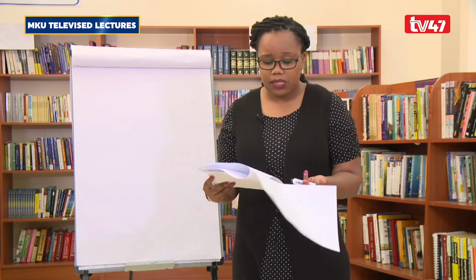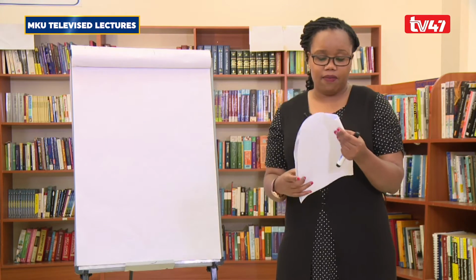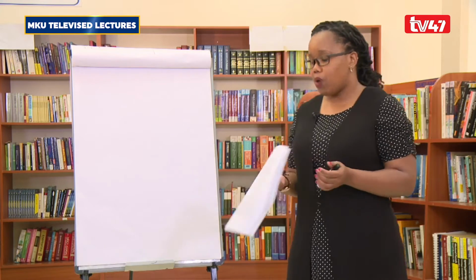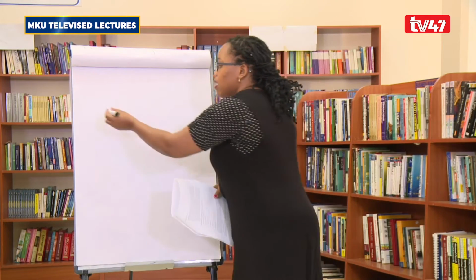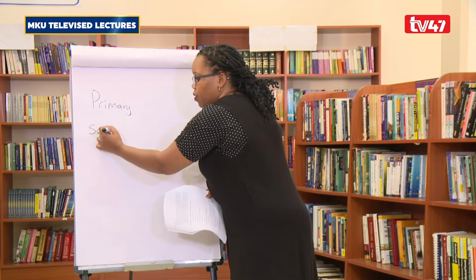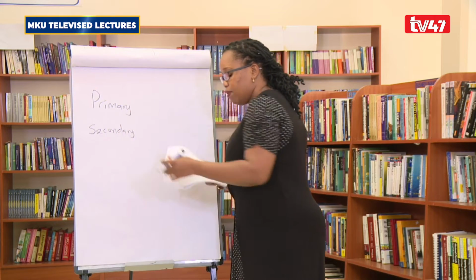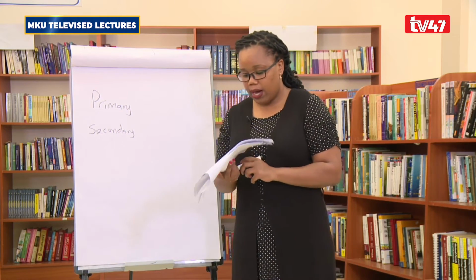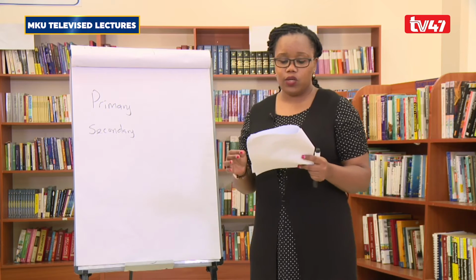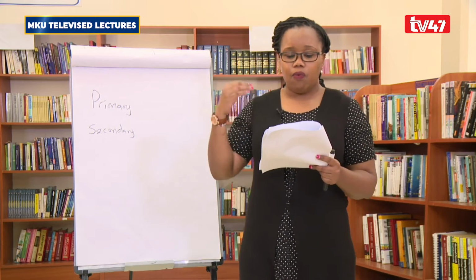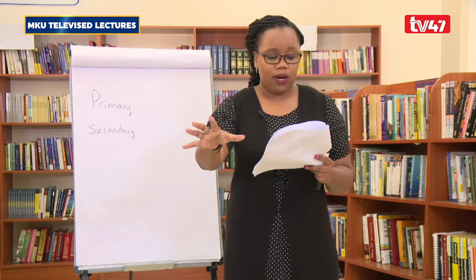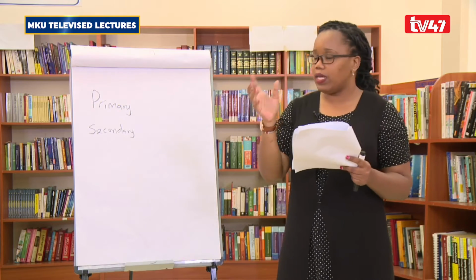But what are the types, or rather the sources of data that we have? We have two main sources of data. That is primary and secondary. For primary data source, we are referring to the collection of first-hand data, with an interaction with our interviewers or the people that we are collecting data from.